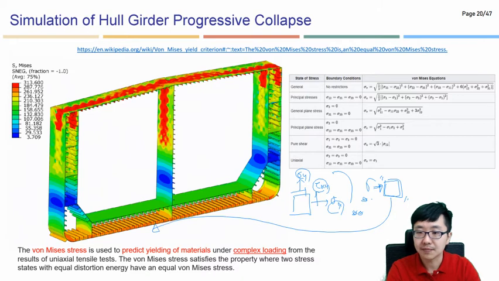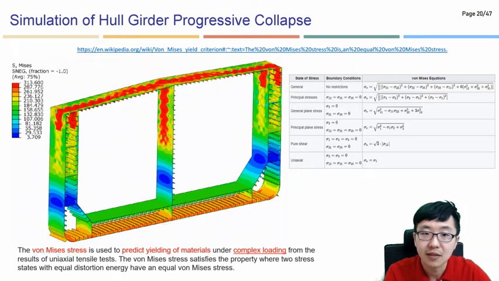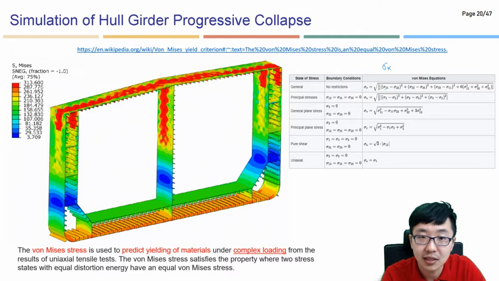So what we need is the von Mises stress criterion. This is one of the criteria. Of course, we have further stress criteria, but as you can see here, if we discuss stress in the x and y direction only, then it can be simplified from this equation, where stress 1 represents stress x, stress 2 represents stress y, and stress 3 is stress xy.